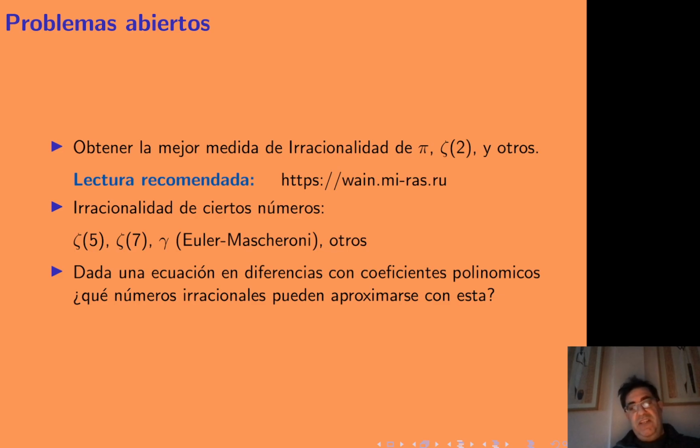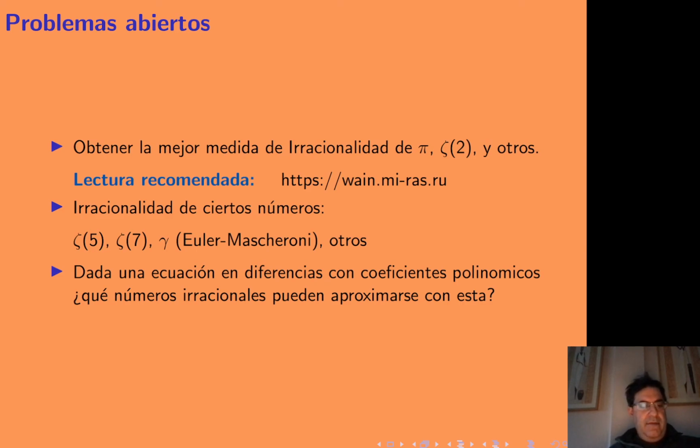Well, theta 2 is just pi squared over 6, so this irrationality measure should be connected. And for some other numbers, right? It would be nice to know what happens. If there is a better irrationality measure, can we obtain the best irrationality measure for these numbers? Well, I recommend you go to the website by Zudilin, which is here, if you want to try.